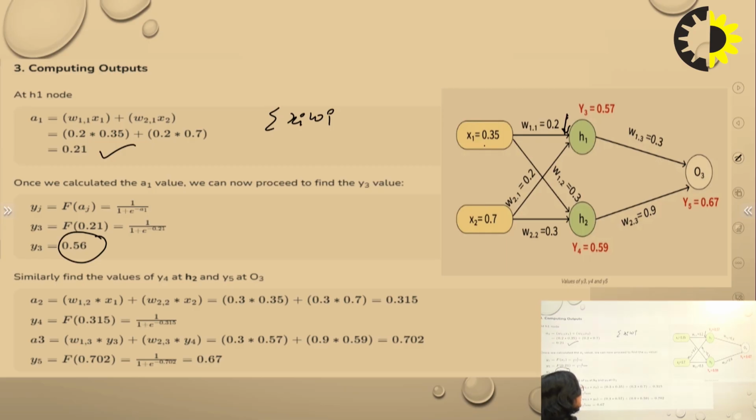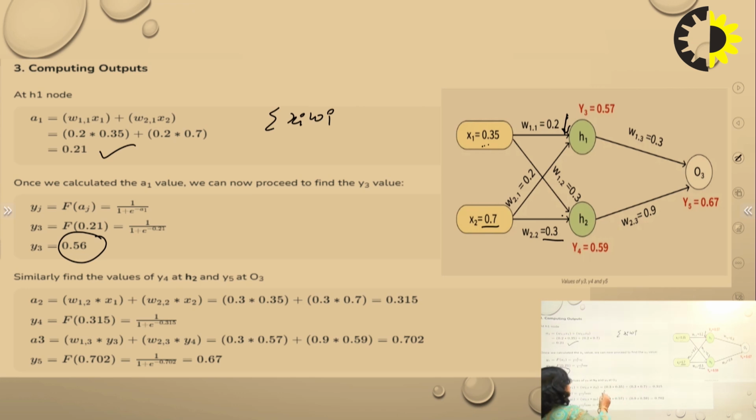After this, we calculate the value of A2. So 0.3 into 0.35 plus 0.7 into 0.3.